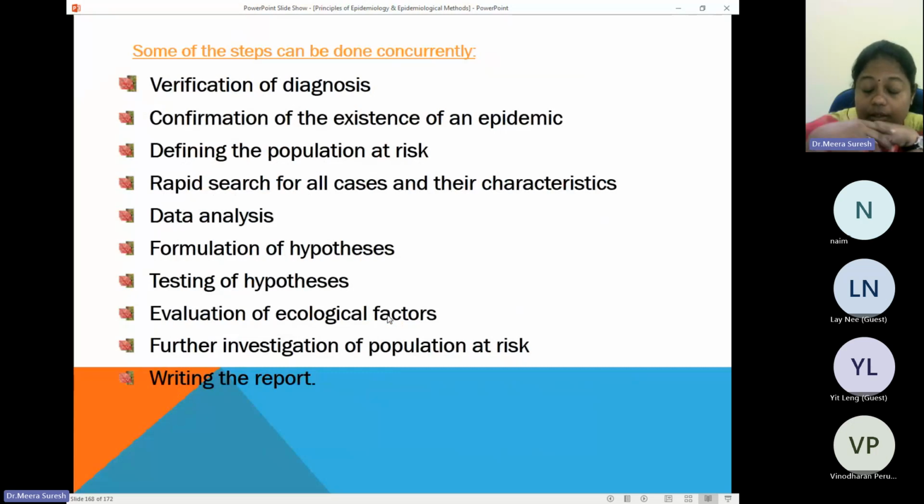more at risk, who are more prone to develop this disease, rapid search for all cases and their characteristics. So whomever the patients are, just monitor them and what all symptoms they are showing. Collect the data and then do that data analysis, like how many people are affected, all those things.